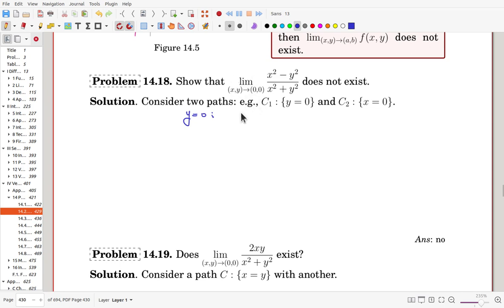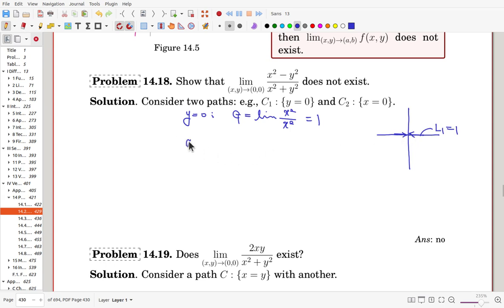Then the given limit is the same as the limit with y equals 0, so the function will be x squared over x squared. This is always 1, so the limit must be 1. That means approaching along y equals 0 in the x direction, the limit L1 is 1.